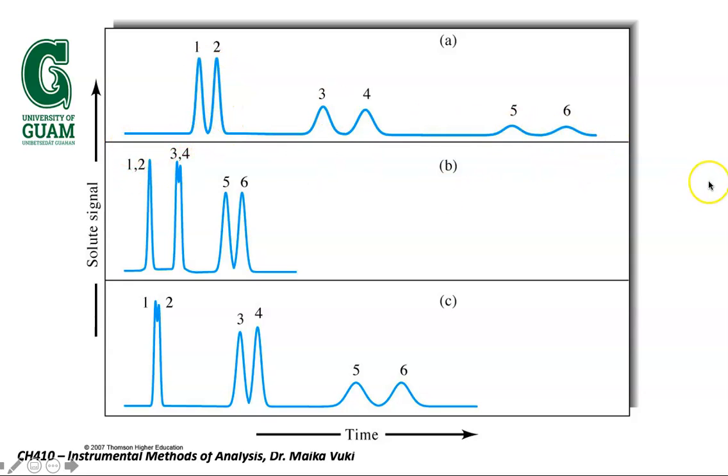However, you suffer from a very long retention time to finish the analysis. Here it is too short, and of course you also suffer from very poor resolution. There is not even any separation between 1 and 2. Here you achieve a good resolution in 3 and 4, 5 and 6, but not quite 1 and 2.